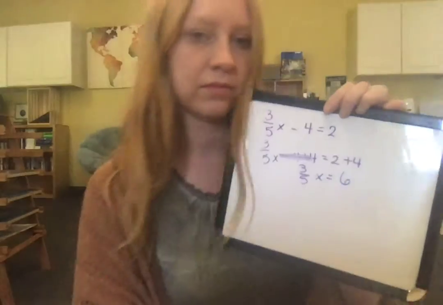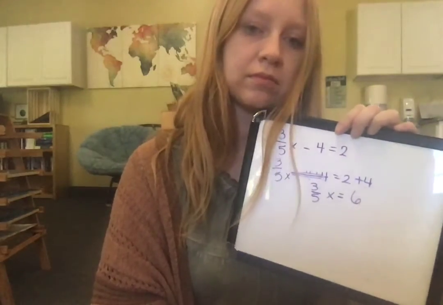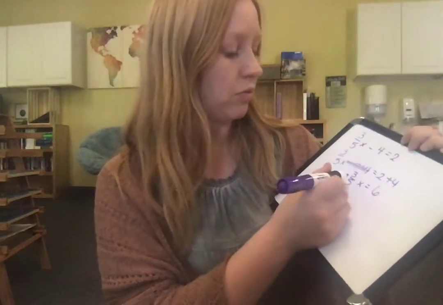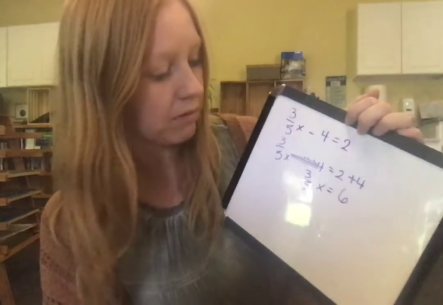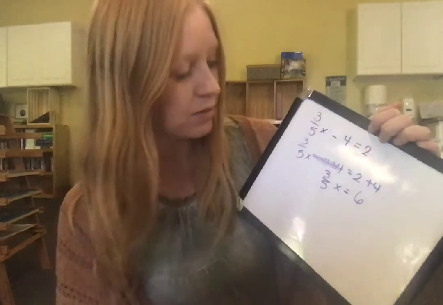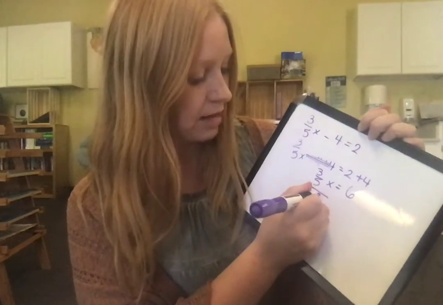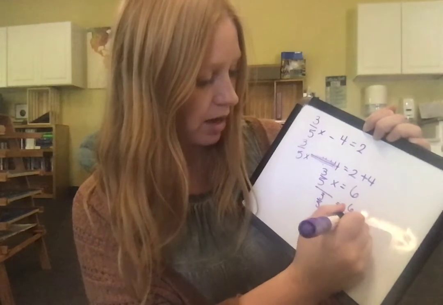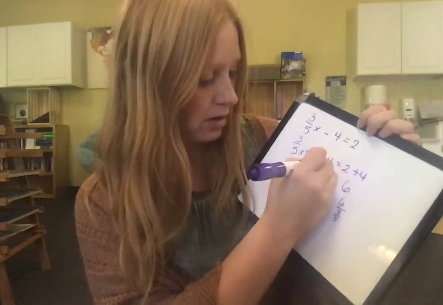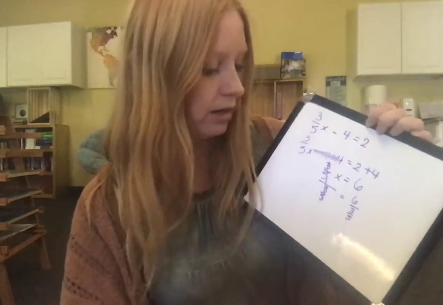Okay, so right here we have multiplying by 3/5. Well, what we really want to do is divide, because we want to do the opposite, which is dividing by 3/5. So I have 6 divided by 3/5. This is going to give me 1.